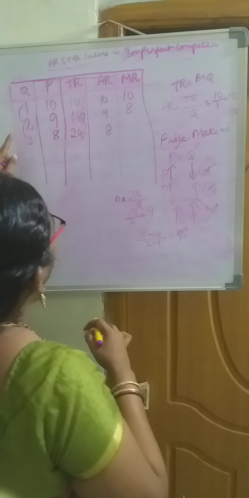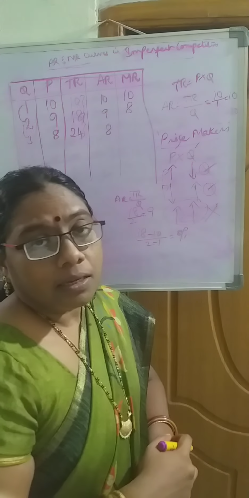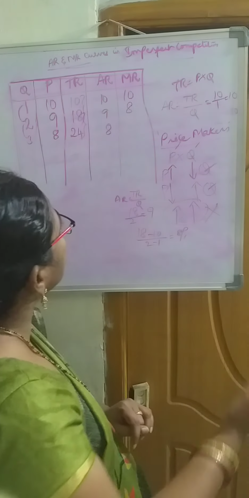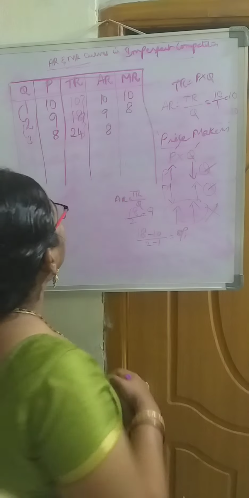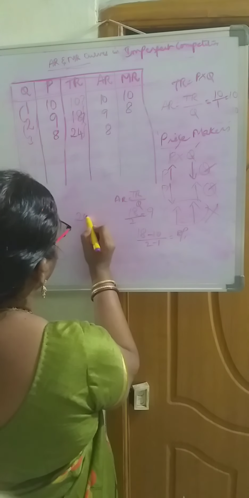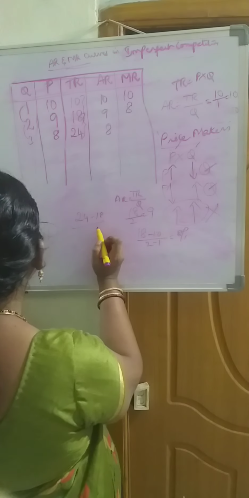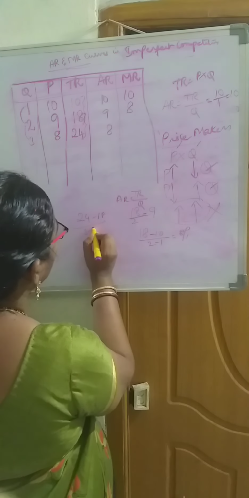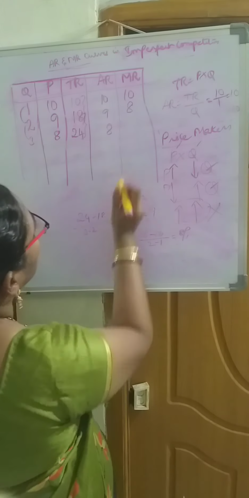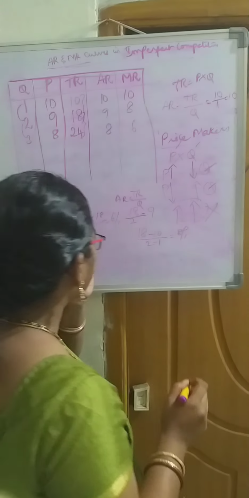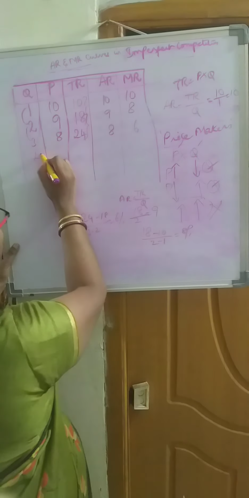Now when you are selling the third quantity, what is the extra amount you are getting? Extra amount? 24 minus 18 by 3 minus 2, 6. Okay. Fourth unit.